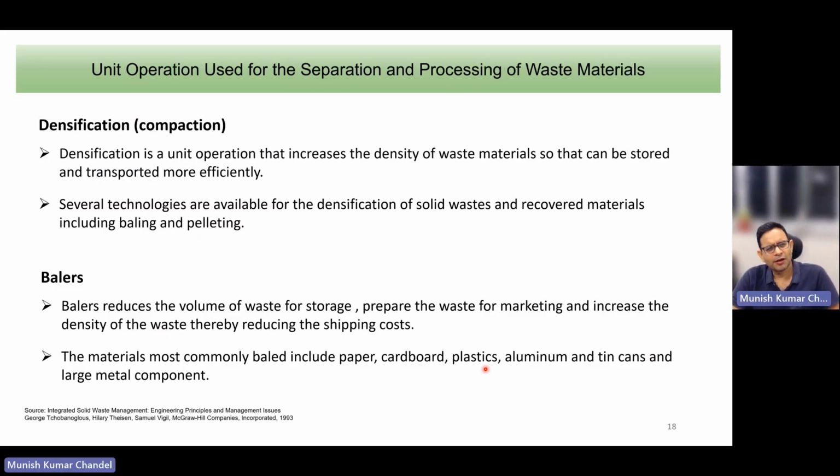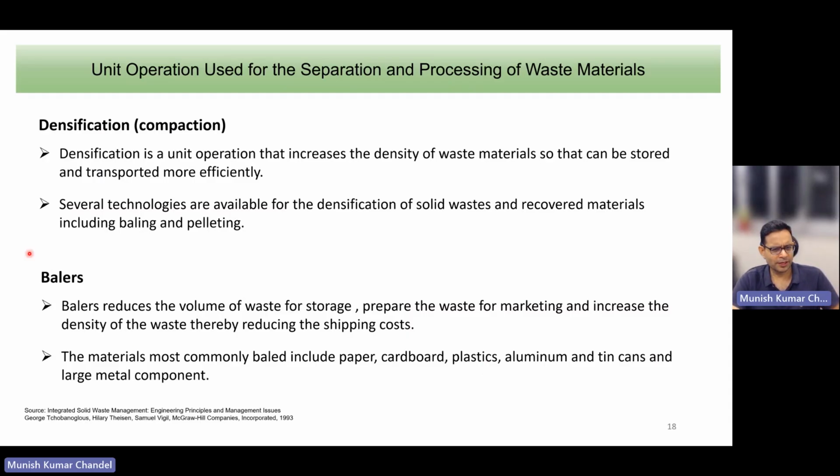Similar to this, you also use compaction systems, or densification, and there are several ways of doing densification. The idea is to increase the density of the waste so that it can be stored and transported more efficiently and economically. There are basically several ways: pelleting, baling.